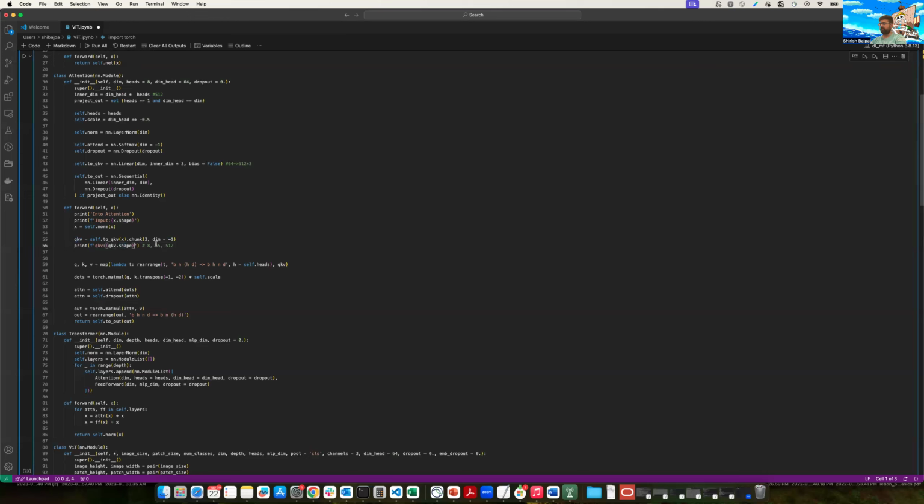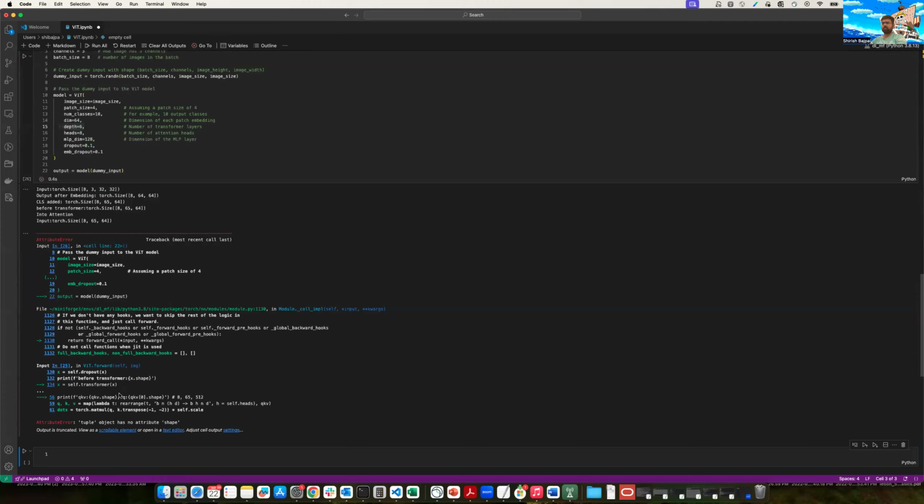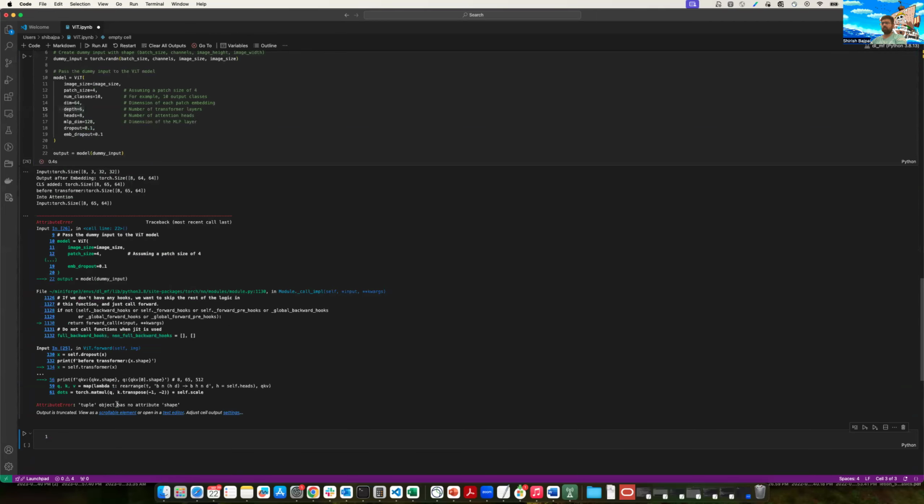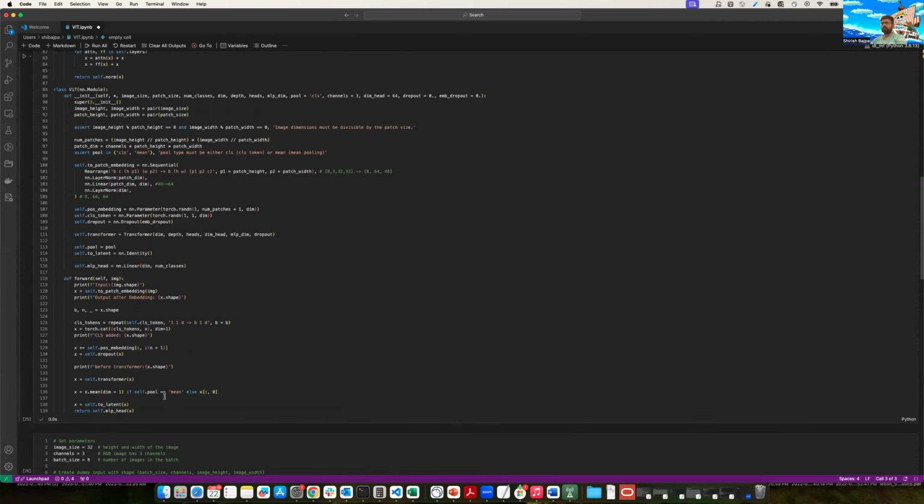So let's print Q. QKV[0].shape: a tuple has no attribute shape. What did I do?